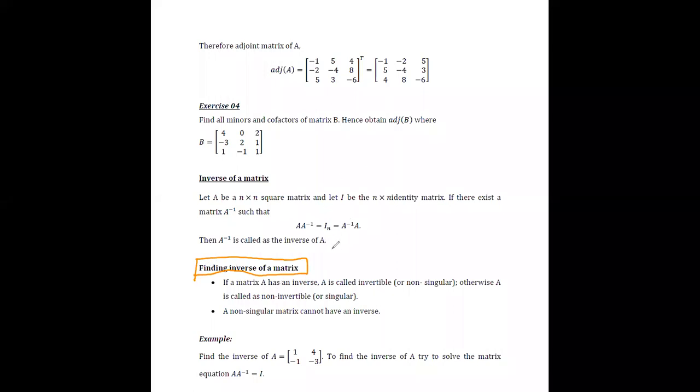When we are finding the inverse of a matrix, some matrices do not have an inverse. If a matrix has an inverse, then we call such matrices non-singular matrices, or we say that matrix A is invertible.